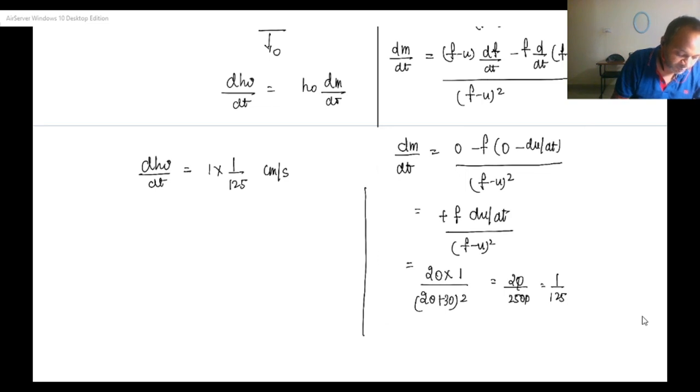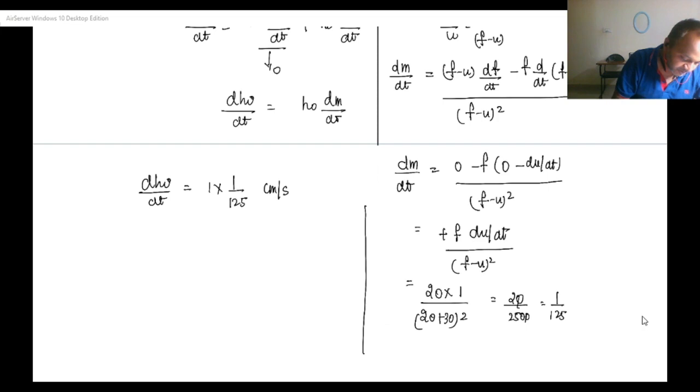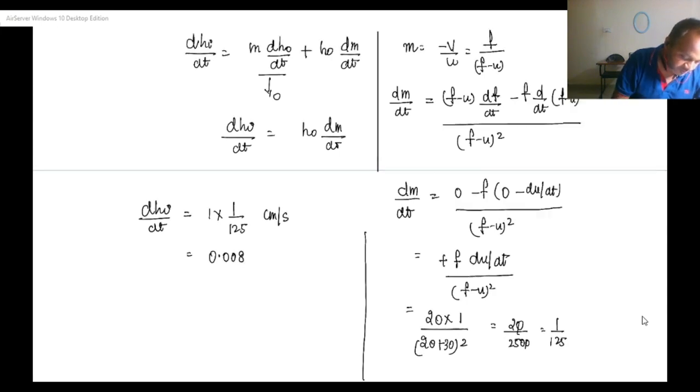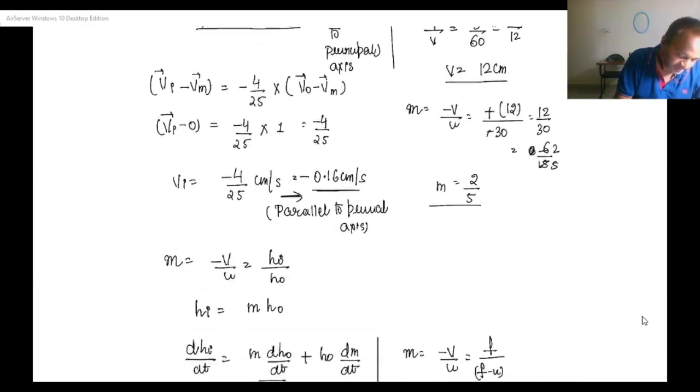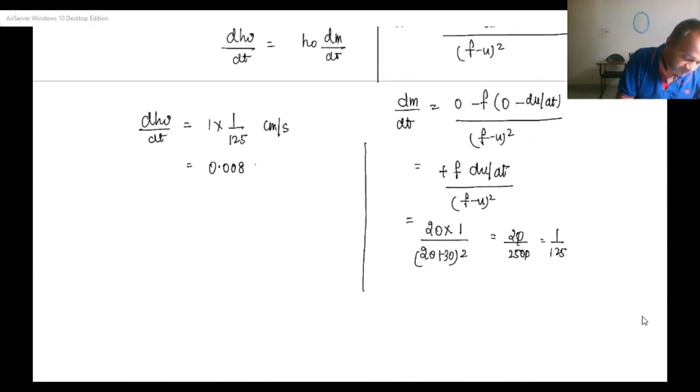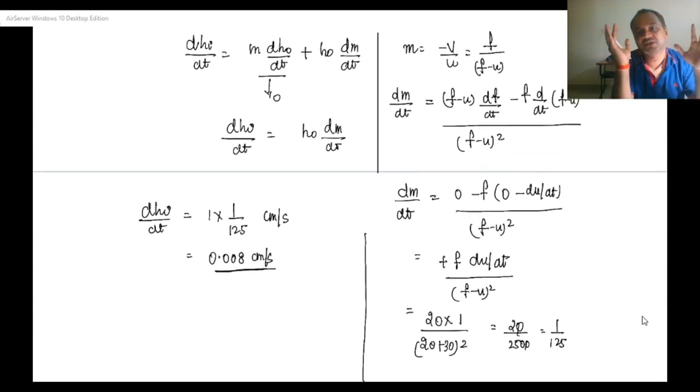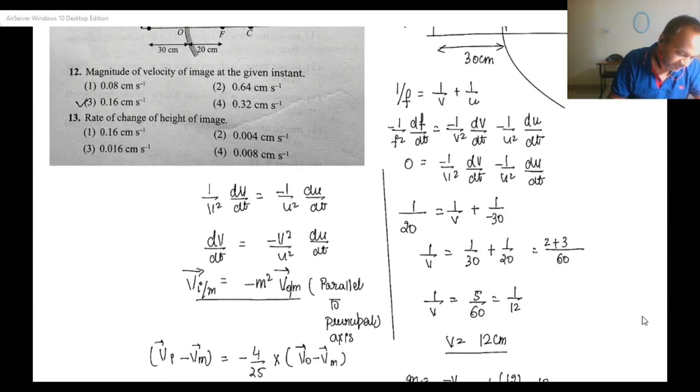So 1 by 125 is basically 0.008 centimeter per second. So the velocity of image perpendicular to the principal axis is 0.008 centimeter per second. So you can check here, the fourth option will be correct in this case.